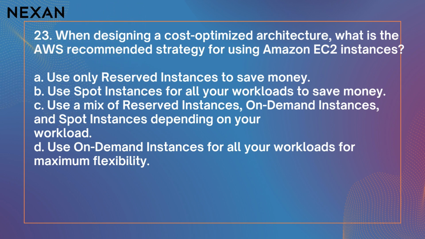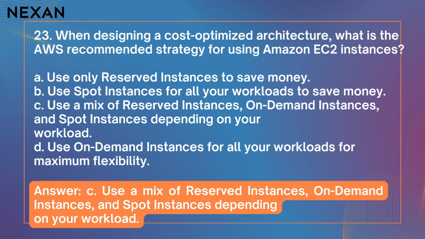C. Use a mix of reserved instances, on-demand instances, and spot instances, depending on your workload. D. Use on-demand instances for all your workloads for maximum flexibility. Answer: C. Use a mix of reserved instances, on-demand instances, and spot instances, depending on your workload.